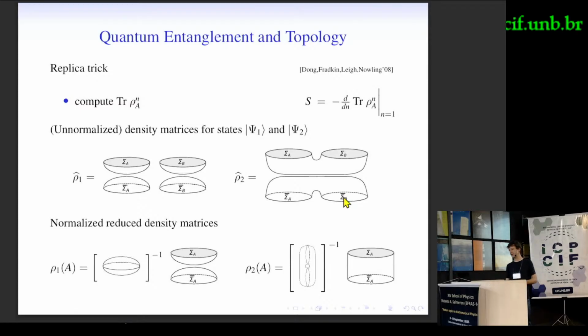So the result for the density matrices, for the left one, is just this diagram here, and the other one is just a cylinder. If I connect sigma B and sigma bar here, the space topologically will just be this cylinder. Here I also normalize them. For normalization, I need to further compute the trace.